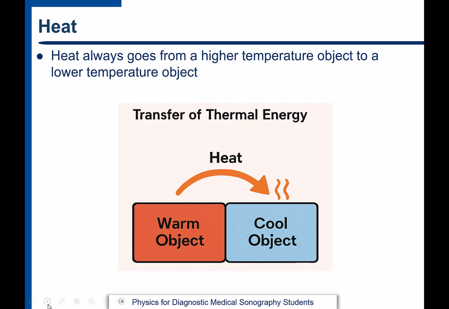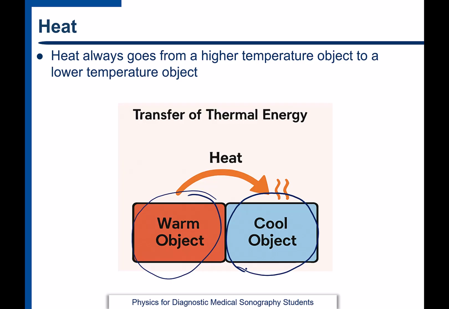Let's think about one of the things we know about heat just from our own practical experience. Heat always goes from a higher temperature object to a lower temperature object. Imagine how weird it would be if, when you put a warm object next to a cool object, the warm object got warmer and the cool object got cooler. And obviously we just don't see this.